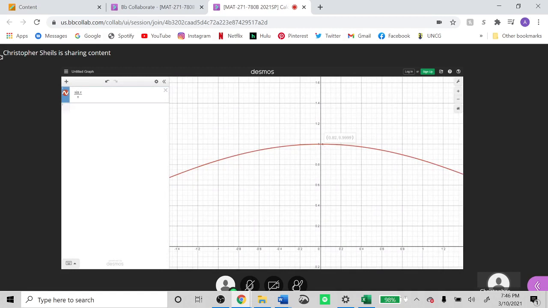Notice that as we approach this from the right, these y values get so close to 1 that Desmos actually just says that it's 1 at a certain point. That's how close this is to 1. So we could reasonably guess that the limit of sine of x divided by x as x approaches 0 is equal to 1. Do we agree?